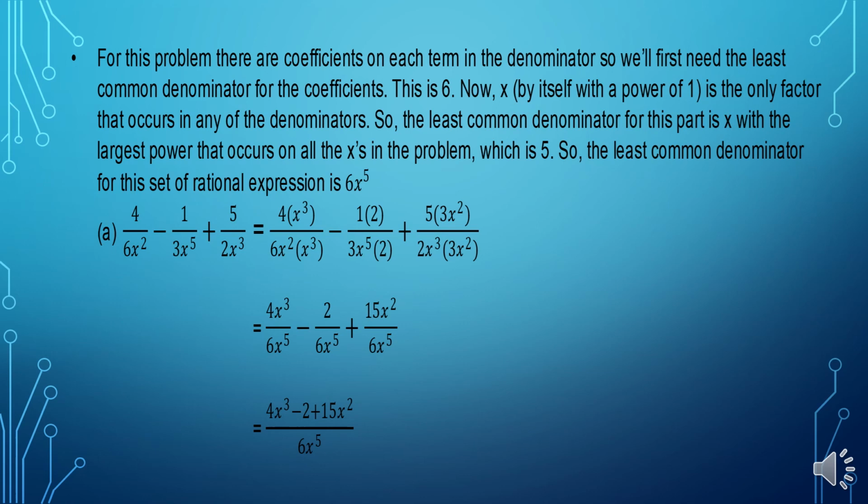So the least common denominator for this part is x with the largest power that occurs on the x's in the problem, which is 5. So the least common denominator for this set of rational expressions is 6x raised to 5.